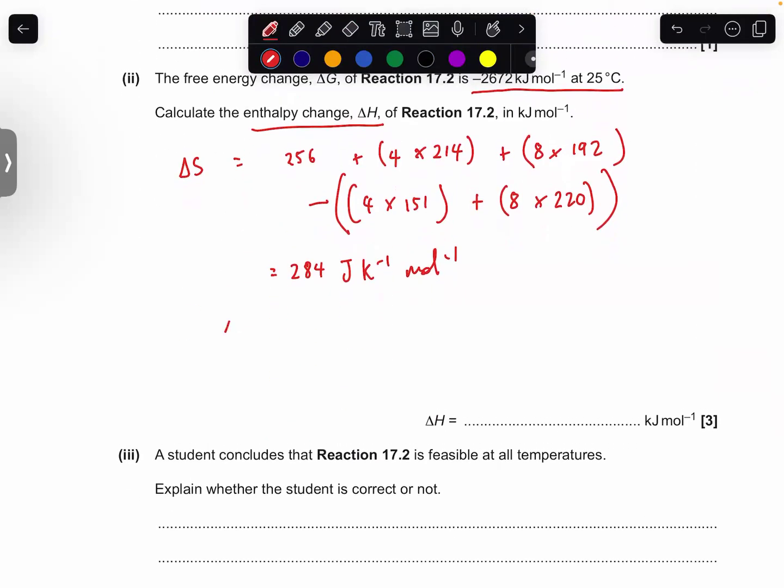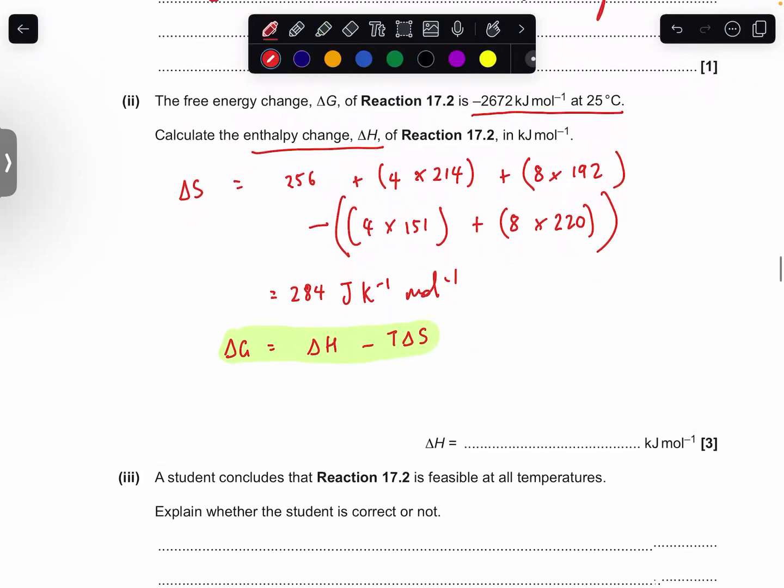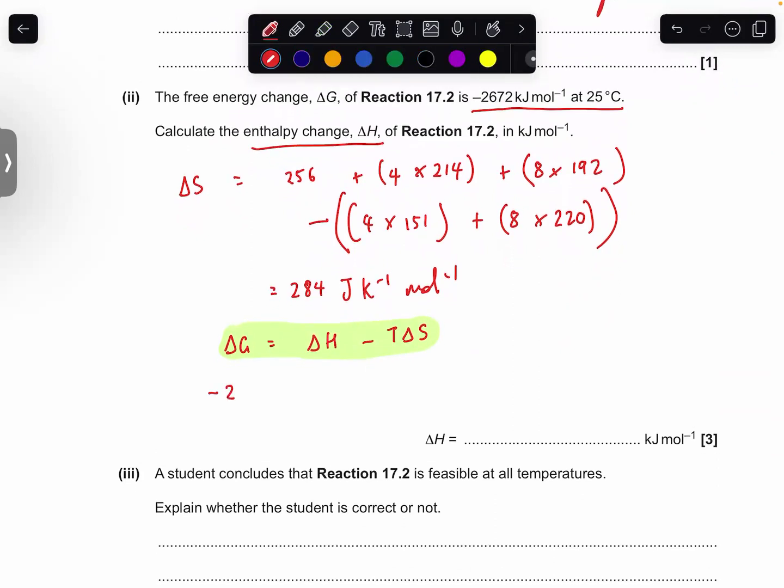Now, we've got delta G is equal to delta H minus T delta S. As you know, you need to know this expression, linking free energy to enthalpy change, temperature, and entropy. They give you the delta G value, which is minus 2672.